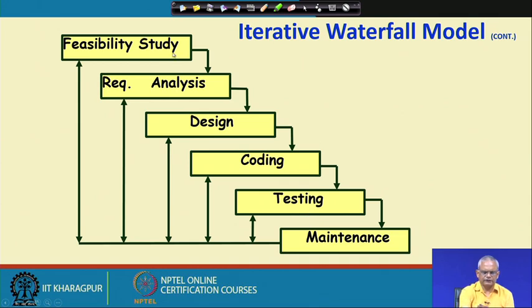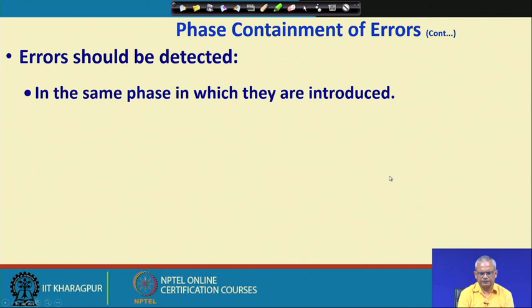A defect of one phase may get detected in any of the later phases, and as it is detected, we need to rework the results produced at that phase, and therefore, we need feedback paths. We should be able to revisit that phase, and that is basically the representation of the iterative waterfall model, where we have added feedback paths to the classical waterfall model.